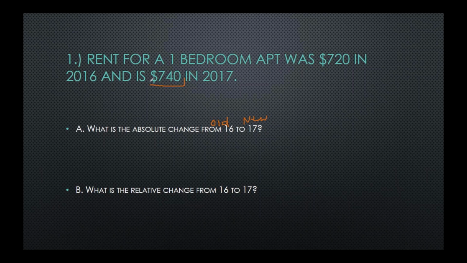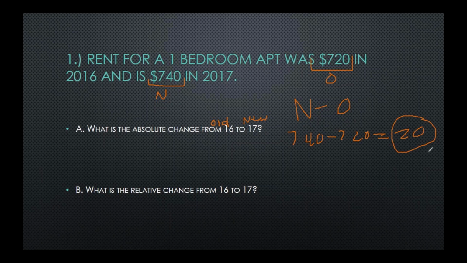Because 740 was in 2017, that's my new value. 720 was in 2016, so that's your old value. So when I take new minus old for my absolute change, what do I get in this example? $20 is correct because 740 minus 720 gives me an absolute change of $20.